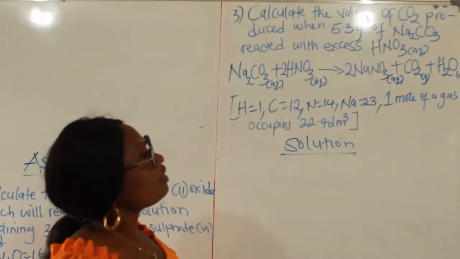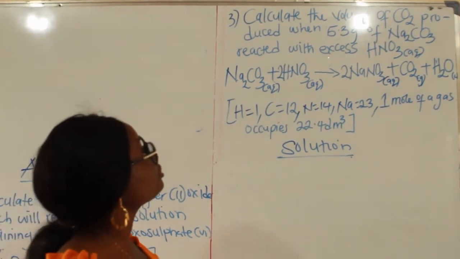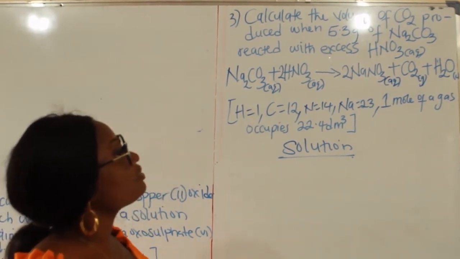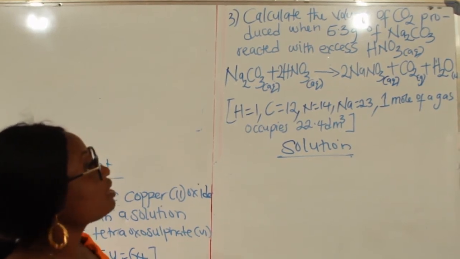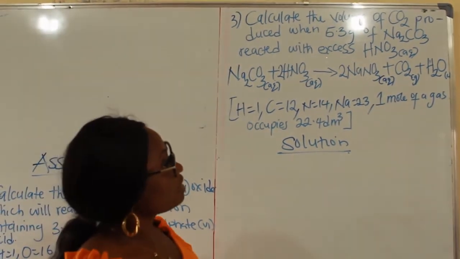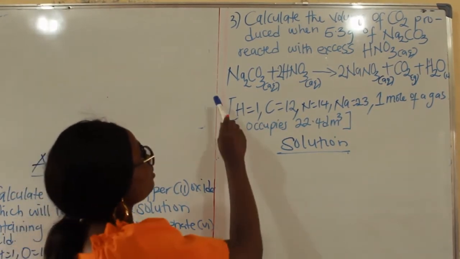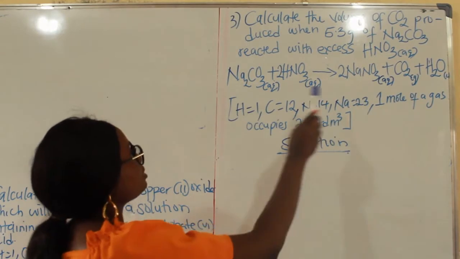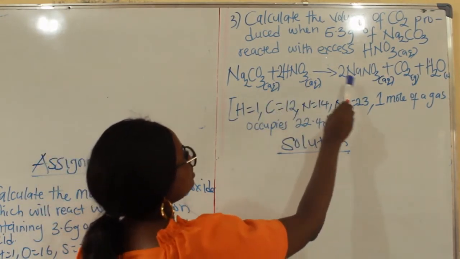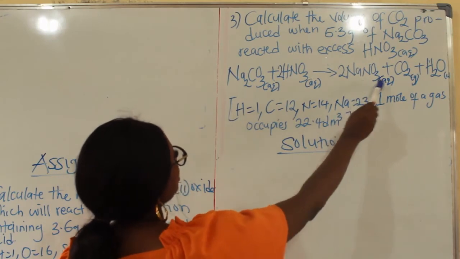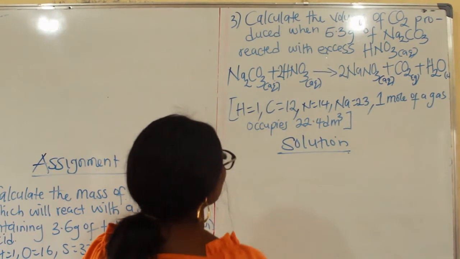Okay, let's look at question number 3. Calculate the volume of carbon(IV) oxide, that's CO2, produced when 5.3 grams of sodium carbonate reacted with excess nitric acid, that's HNO3. Now the equation of the reaction is this: sodium carbonate plus nitric acid gives you sodium nitrate, then carbon(IV) oxide will be liberated, and then water.